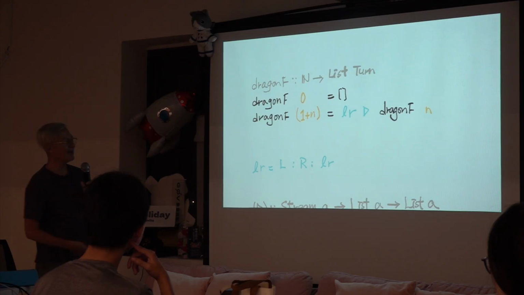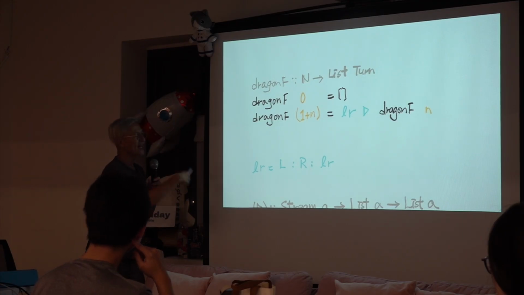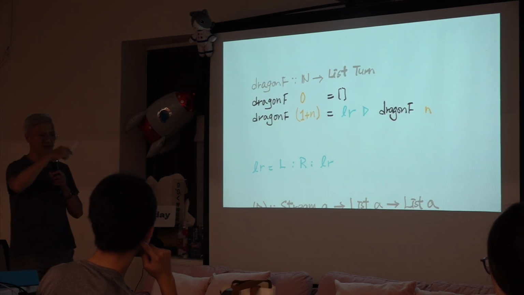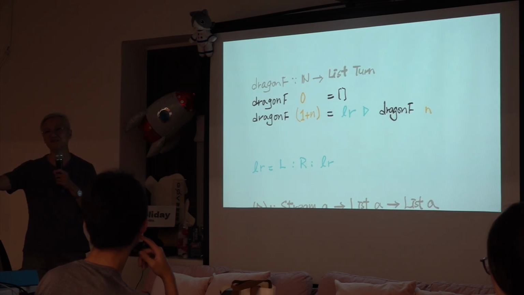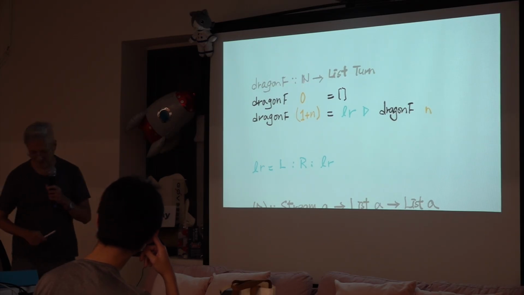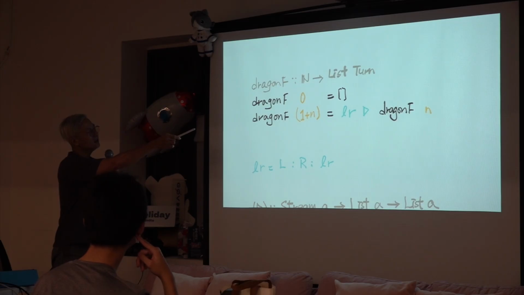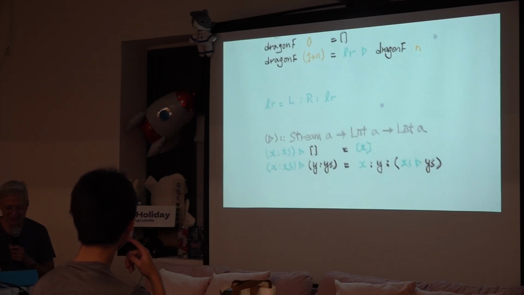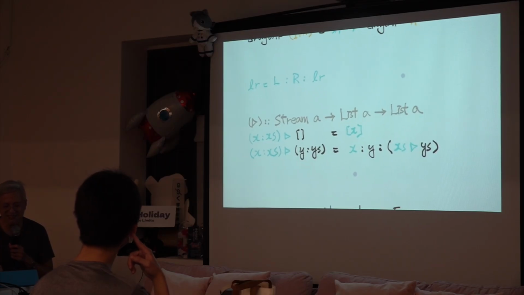LR is defined by LR is an arrow and an R followed by LR itself. It's an infinite list of terms, which is okay, as long as you don't do induction on it. And this right triangle, which I invented, I'm going to pronounce as interleave.